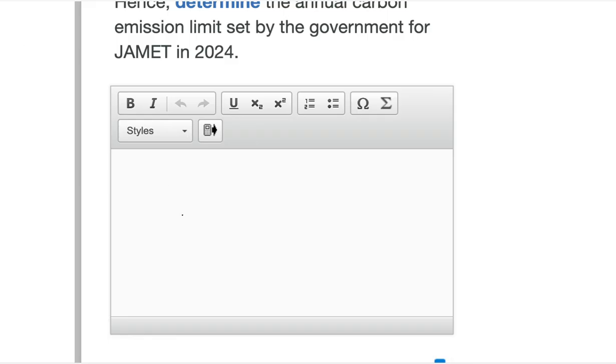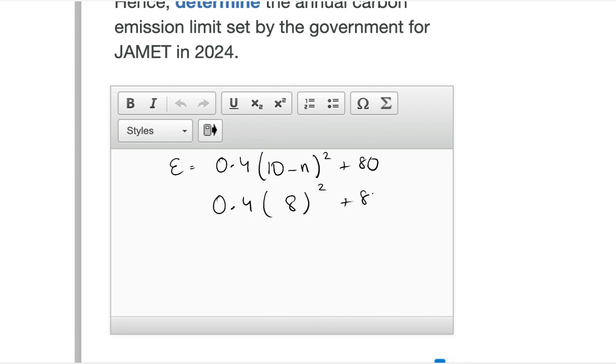So we have the equation, which is E equals 0.4 into (10 minus n) whole square plus 80. And now the value of n is 2. So we get 0.4 into (10 minus 2), which is 8 square, plus 80. 0.4 multiplied by 64 plus 80.